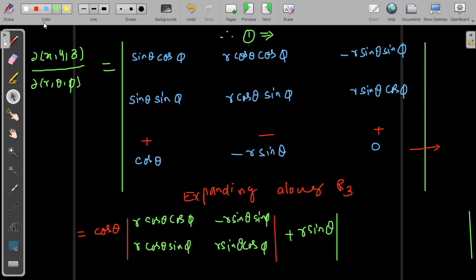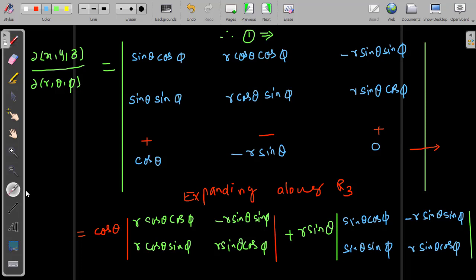In that case you will be left with sin theta cosine phi as the first element, and minus r sin theta times sin phi as the second element of the first row. Now the second row: the element sin theta sine of angle phi, again a positive sign, sin theta cosine of angle phi. Now the third element, this one, means 0 times.